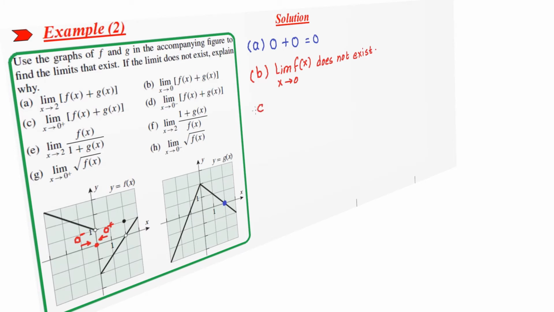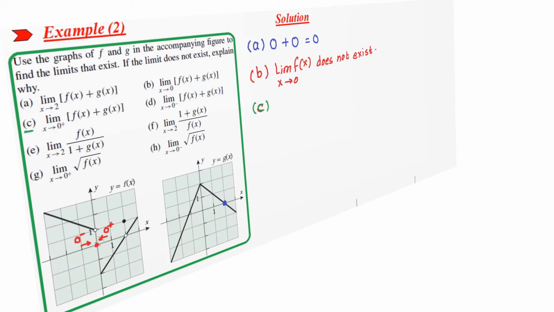Part C. In part C, limit f of x plus g of x when x goes 0 from right.